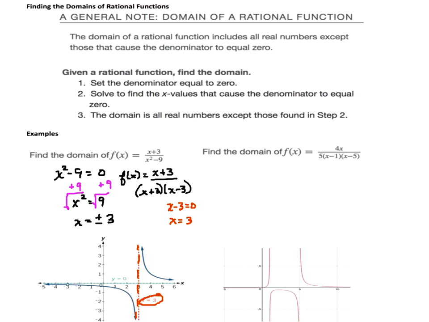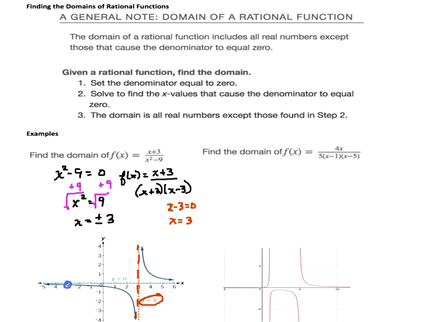You might expect another vertical asymptote at x equals -3 because that makes the function undefined. But notice you don't have a vertical asymptote. What you have is a hole in your graph. This is where the graph is discontinuous.